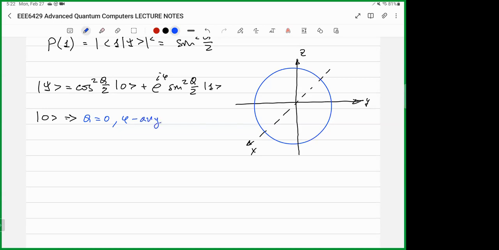So theta in this Bloch sphere, right? This is a sphere, so maybe I should draw this like this. So this is the sphere. And this axis x intersects the surface of the sphere, for example, in this point and this point.